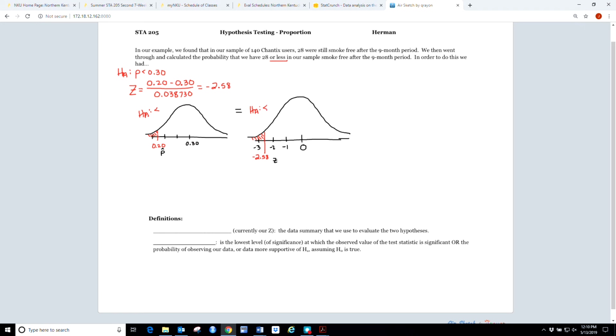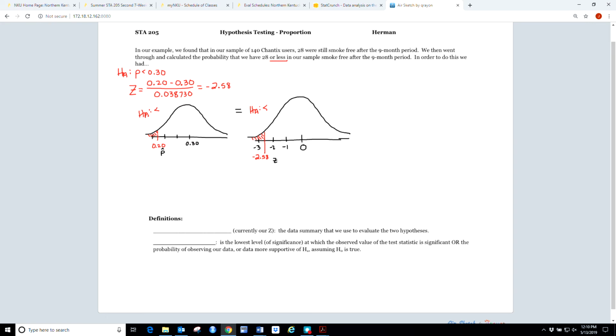So these two pictures are exactly the same. This is one that we did in the previous set of notes because we felt more comfortable with putting it at 0.3 and putting our p hat on here. But realize if you plugged 0.3 into this equation, you would get 0. And if you plug 0.2 into that equation, you get that -2.58. So it's really the same picture, just written a slightly different way.